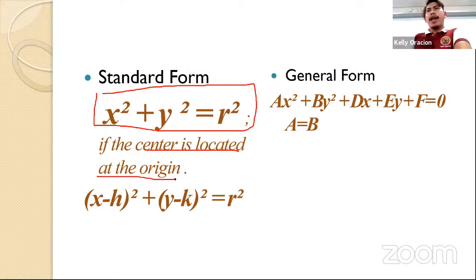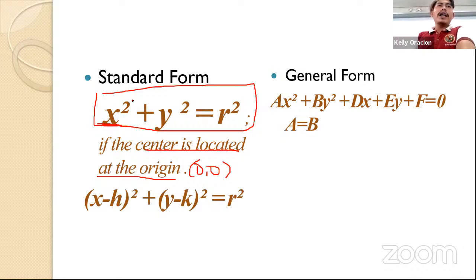Now, in a Cartesian plane, where can we find this origin? At (0, 0). Okay? So, this is the equation where your center is located at the origin. Now, it's quite obvious, class, because there is only x squared here. There is no other x, no other linear term with the variable x.